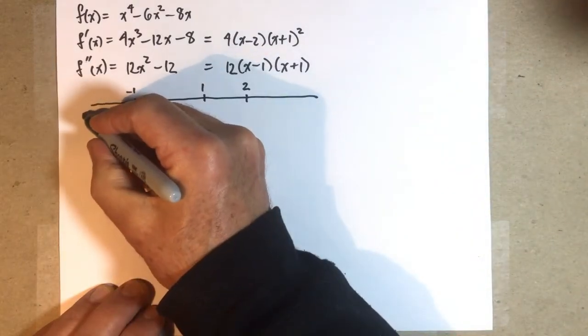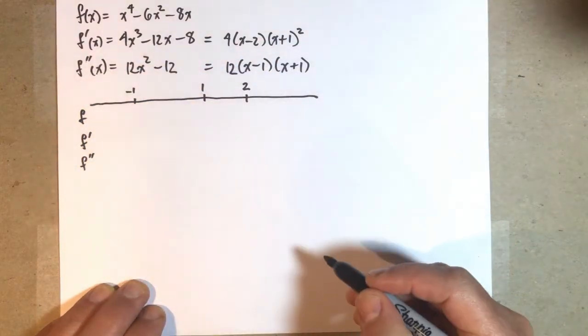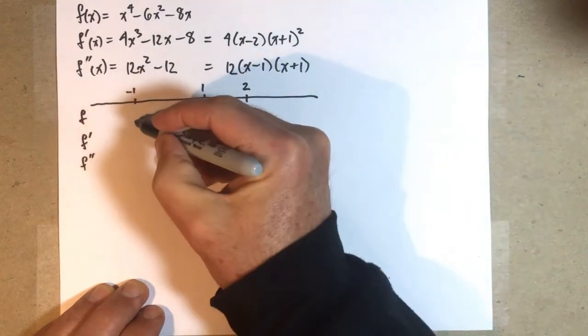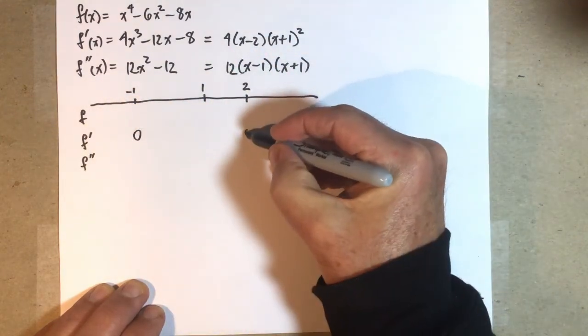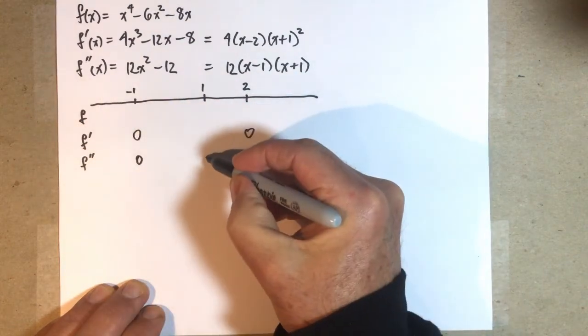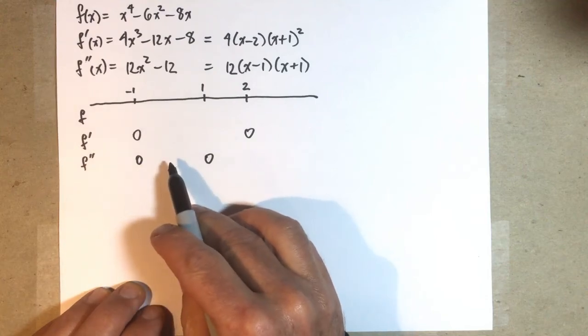So I'm going to talk about f prime and f double prime separately. So f prime is 0 here and here. F double prime is 0 here and here. And in between, I just mark out whether each of these is positive or negative.